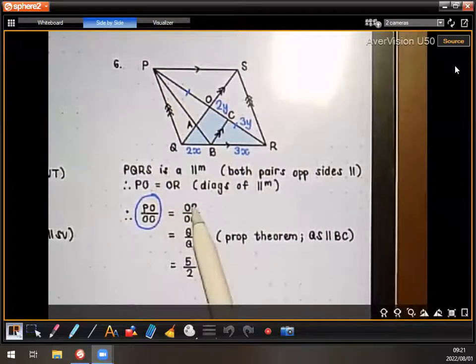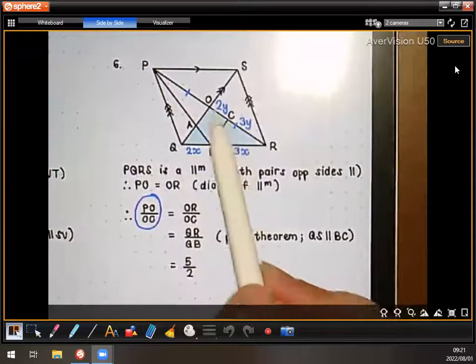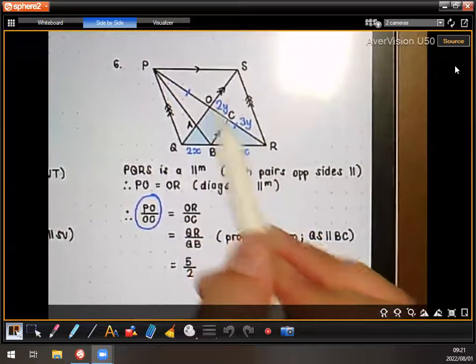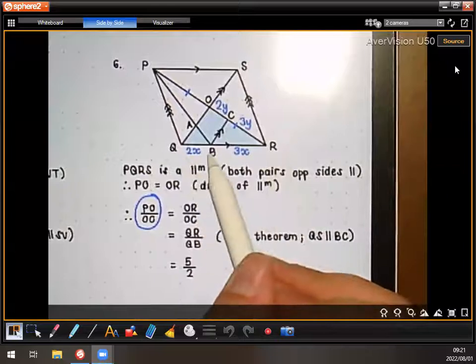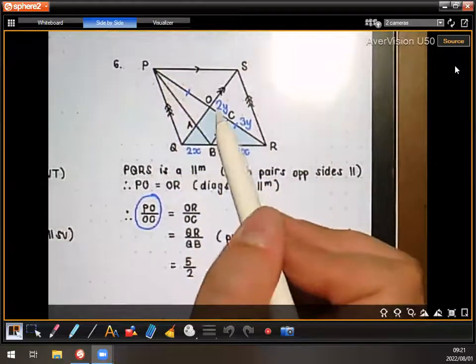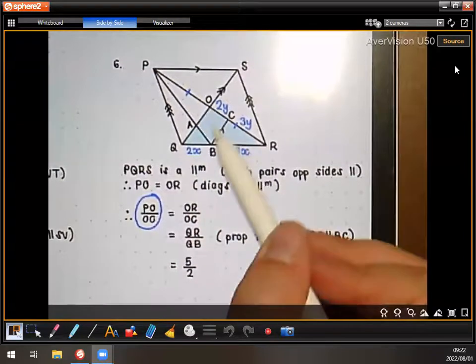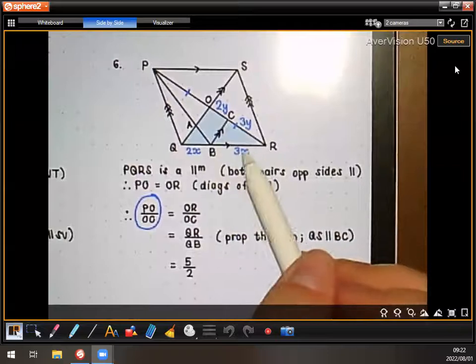In my first line here, I didn't actually use the top pyramid. I just replaced PO with OR because I know that they're equal. And that helps, guys, because OR and OC, if I'm looking at this fraction, are actually in the same ratio as QR and QB. Okay, because of the top here. If you're looking at PO and OC, those two lines are not in the same triangle as this, where they gave us the ratio on the outer side.